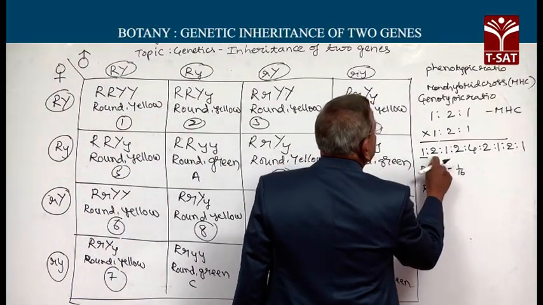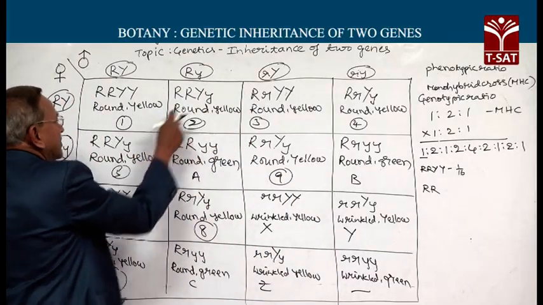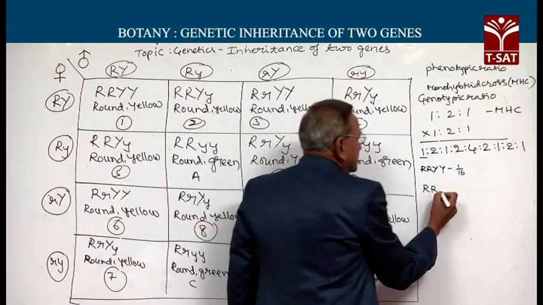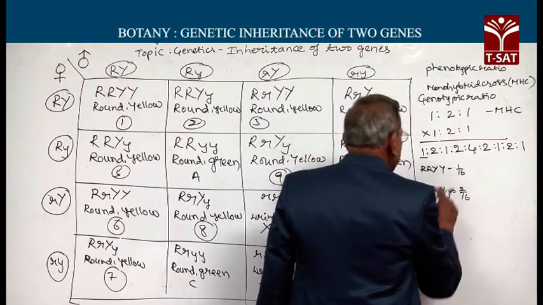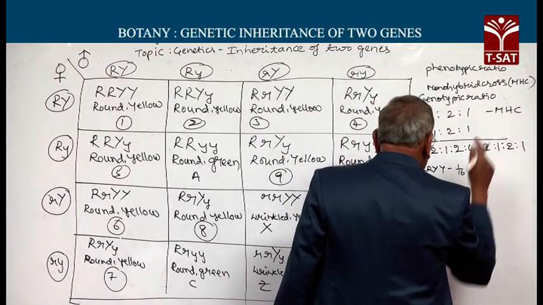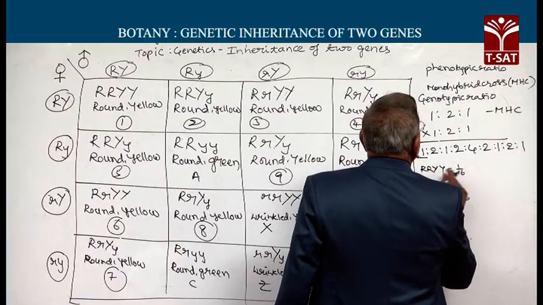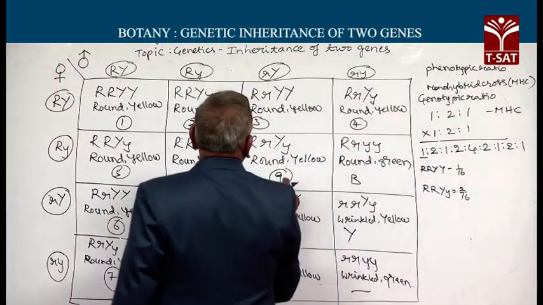Capital R, capital R, capital Y, small y is represented by 2 out of 16. Let us consider other 2's also, this and also this. So this is 1 of 16, 2 of 16, other 2 of 16.